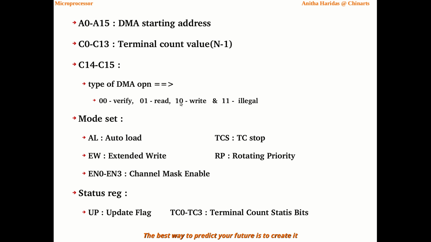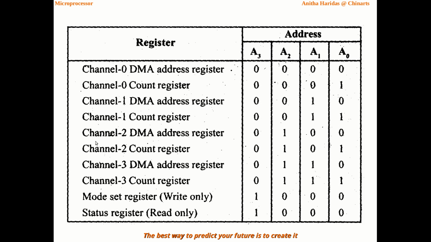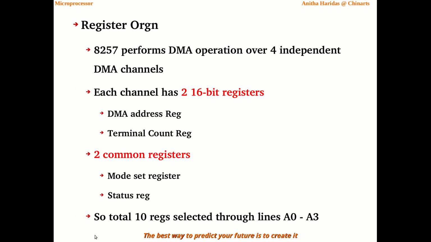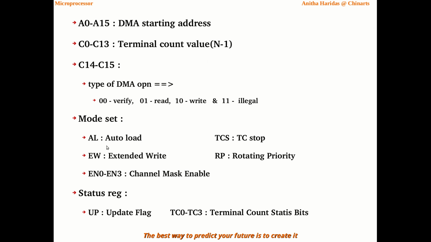If it is 10, it is the write operation, and 11 will be considered as illegal input. The same way, in the mode set register we have lines like address enable, address strobe, then TC mark. All these signals will be activated using the mode set register.